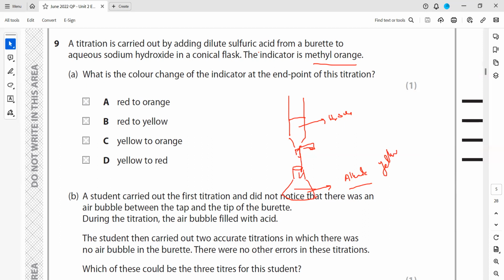When we add acid, all the alkali will be used up. When the solution becomes neutral, it will be orange. When excess acid is added, it will turn red. So in acidic it is red, in alkaline it is yellow, and in neutral it is orange. Again, you have to learn the color changes for the indicators.